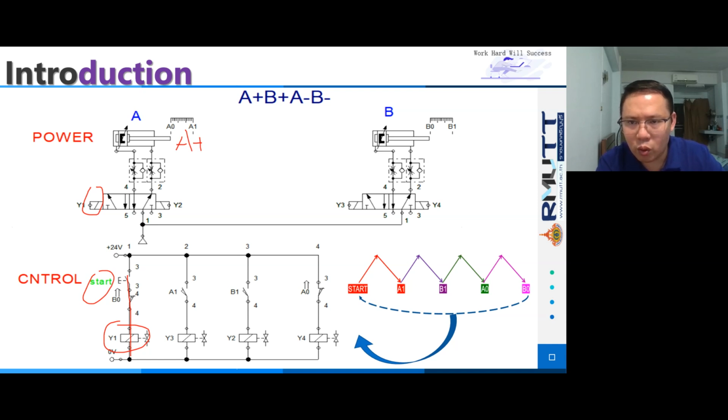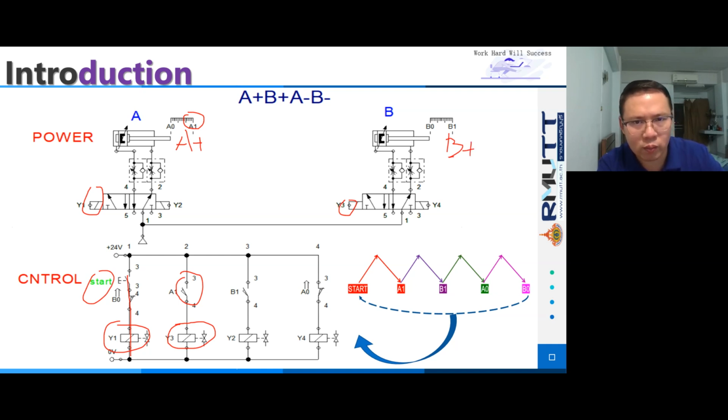And when the air cylinder arrives at the A1 position, the switch is closed and the Y3 is working. Y3 in here, and the B plus motion is working.